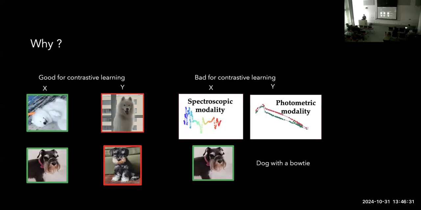I think the same thing happens with us. Spectroscopic is such a highly informative modality. There is all of the classification you typically do with spectroscopic data, where we look at the different wavelengths and determine whatever type it is. So most of the information comes from the spectroscopic, and the photometric doesn't actually contain that much information.